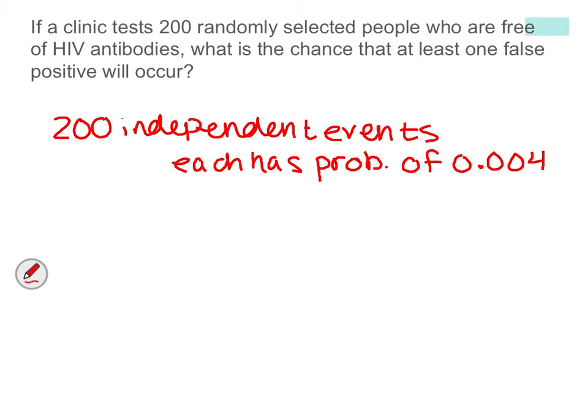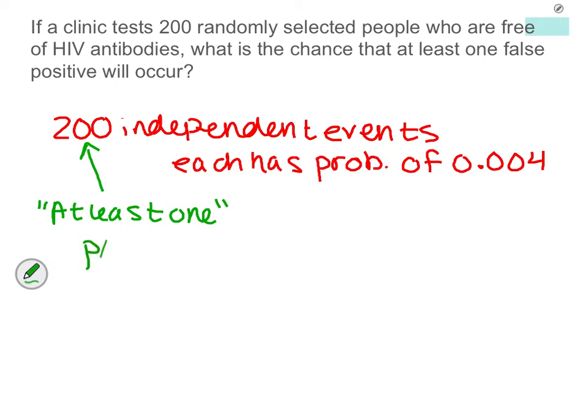So this idea of at least: what is the probability that at least one false positive will occur in these 200? This is going to combine many possibilities.